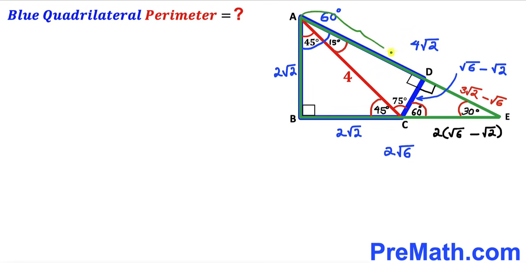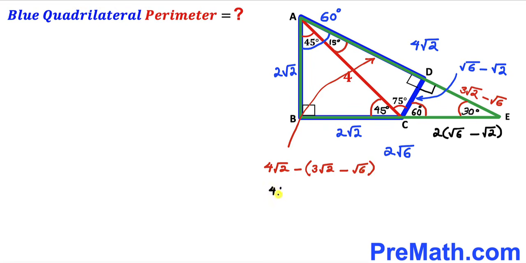And now let's make an observation. We know that this whole AE side length is 4 times the square root of 2. So therefore this side AD length must be equal to this 4 times the square root of 2 minus this DE length. So therefore this AD length I'm going to calculate over here. I'm going to write down 4 times the square root of 2 minus 3 times the square root of 2 minus the square root of 6. Let's simplify.